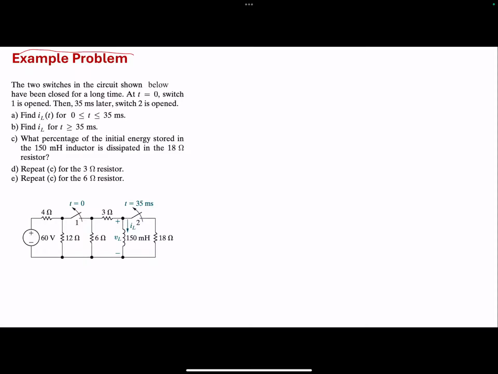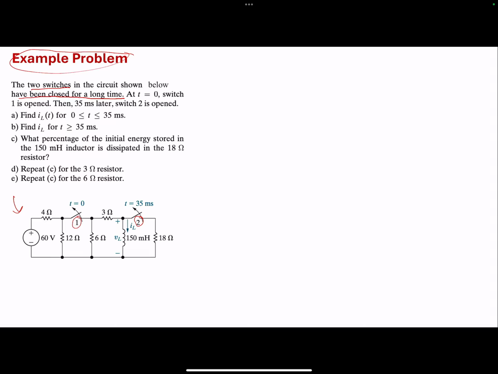Here's an example problem. In the circuit, both switches 1 and 2 were closed for a long time.